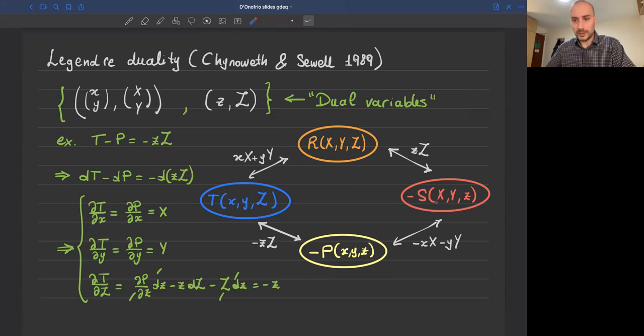And this representation means that if we want to find the partial Legendre transform of P, the modified geopotential, with respect to the couple of dual variables, lowercase z and capital Z, then we just add these two and set them equal to this, as in this example. Then we are able to recover every relation existing between the gradients of T and P, of course, by derivation.